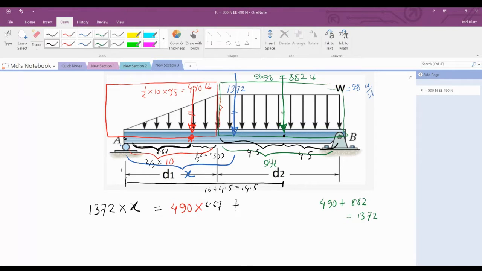So it should be 882 times 14.5. Now if we solve this equation, we'll get x is equal to 11.70 feet. That means the resultant is working at a distance 11.70 feet from the left support.